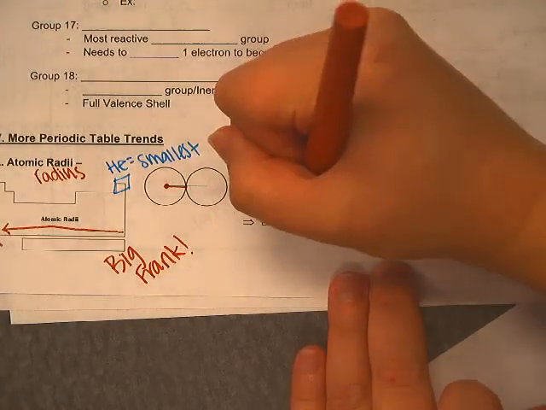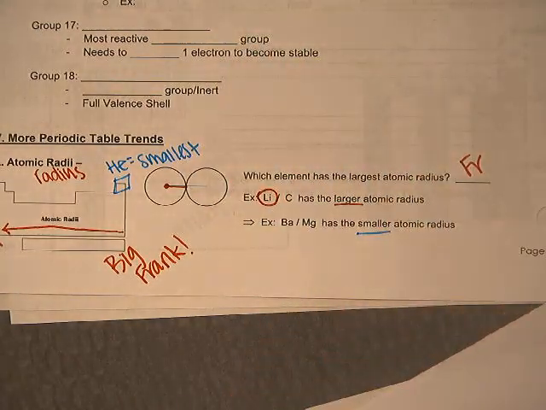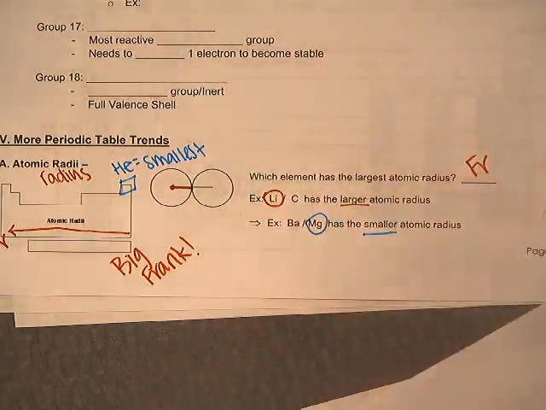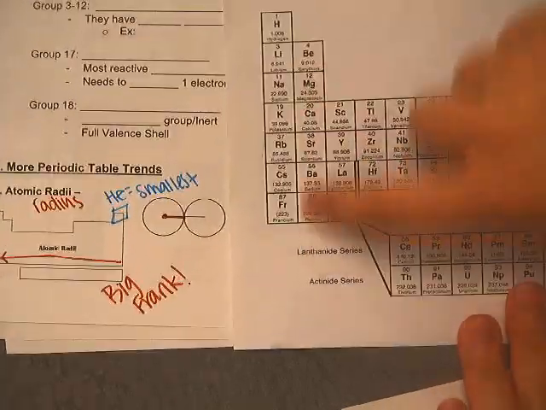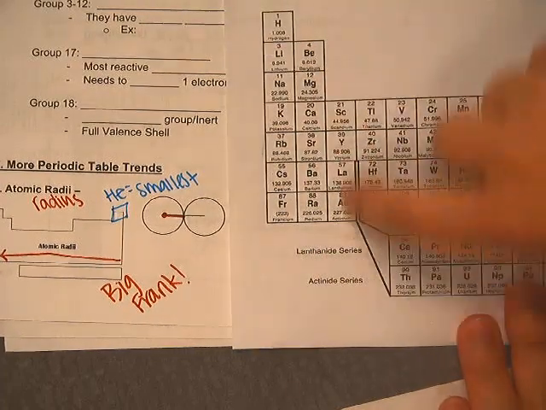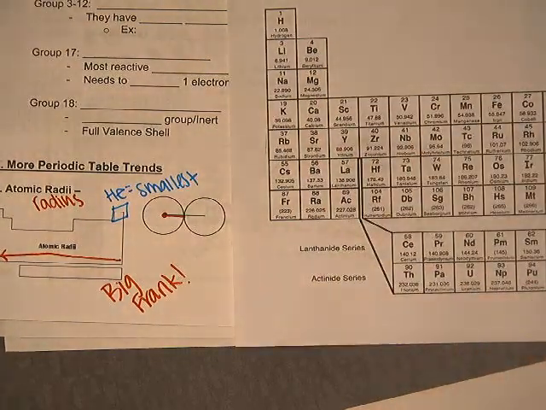Cool. I'm going to do it in blue. Something else that this has going for it is that they are in the same group. So if they're in the same column, that means they have the same number of valence electrons. What you need to consider first when looking at atomic radius is what period something is in.